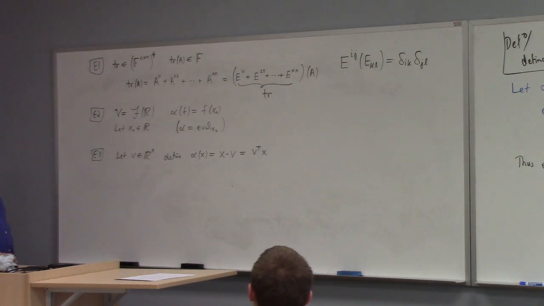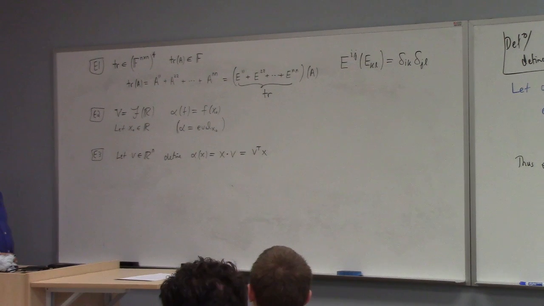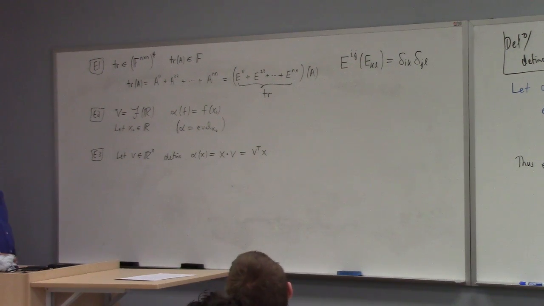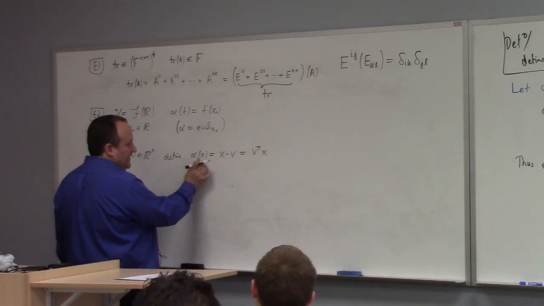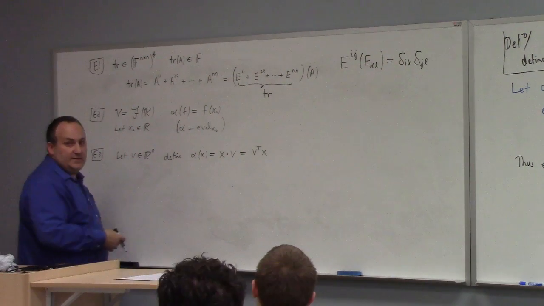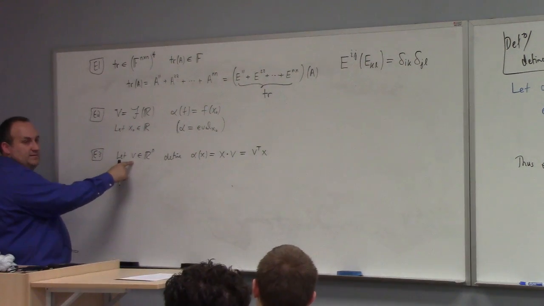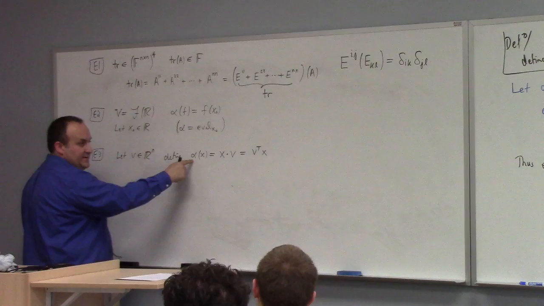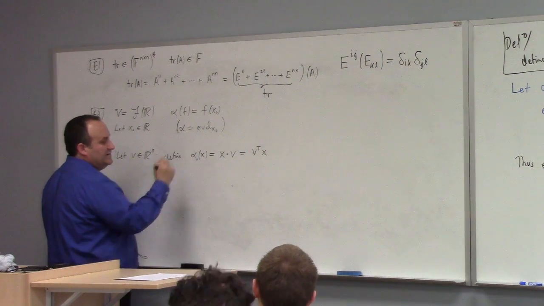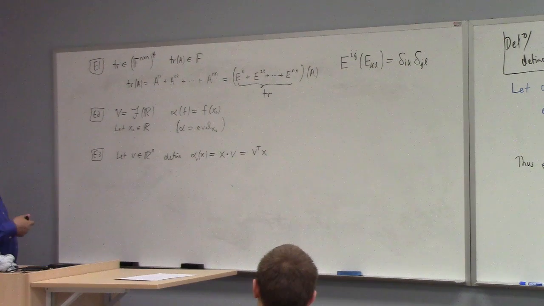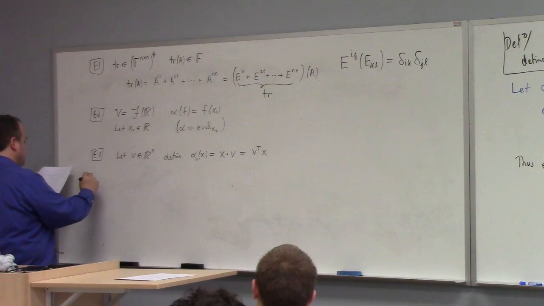So sometimes people will call dual vectors row vectors if they have this particular application in mind, but to me a dual vector is a more abstract thing. Nevertheless, alpha is linear in x, and for any choice of v you get a corresponding alpha. So maybe a better notation here might be alpha sub v.